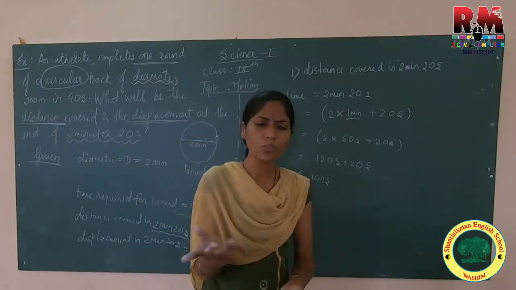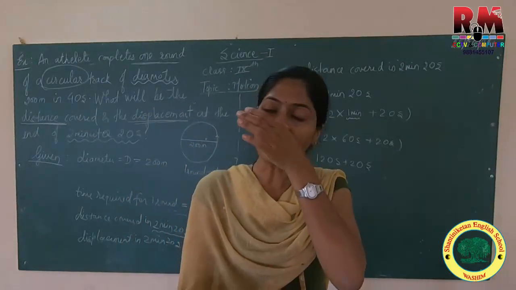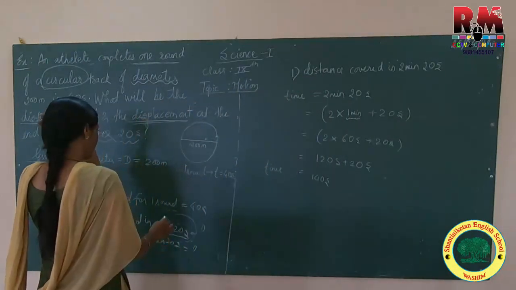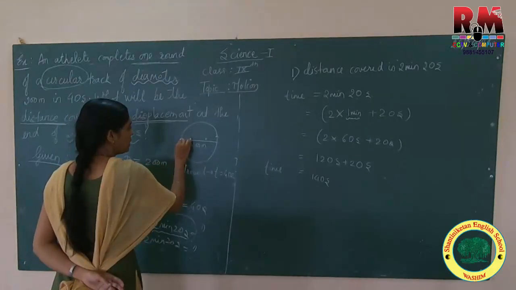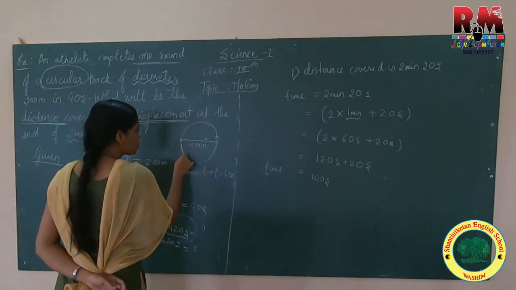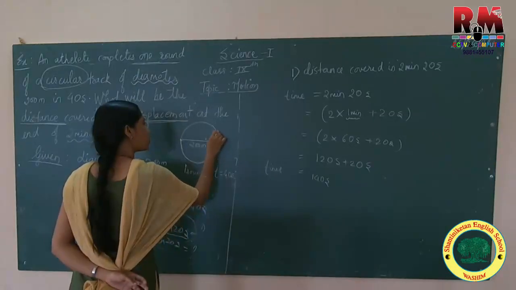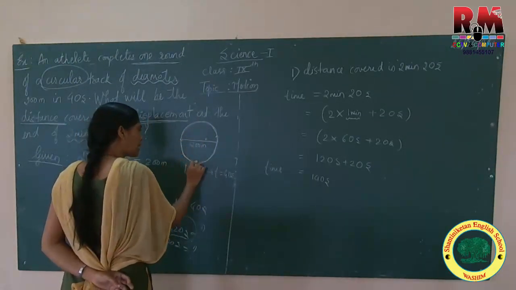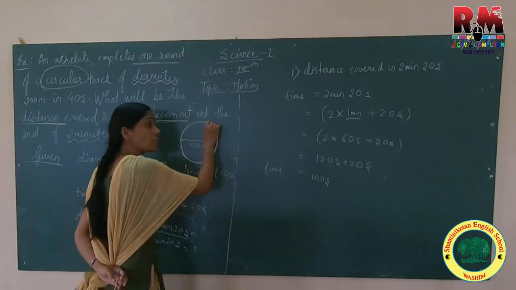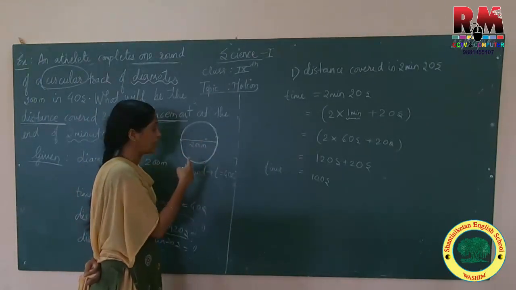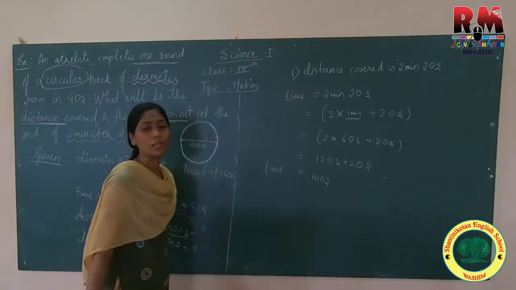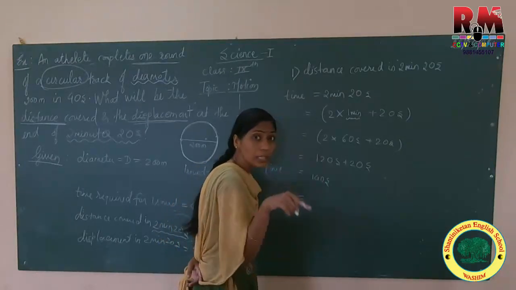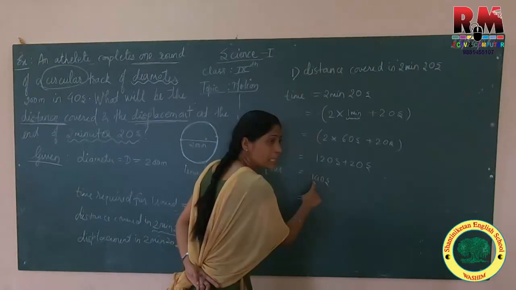So what is the simple method? Here the person is supposedly starting like this. This circular track is nothing but the circumference of a circle. Correct? It is the circumference of the given circle. So let us see how many rounds he will complete. 140 seconds.